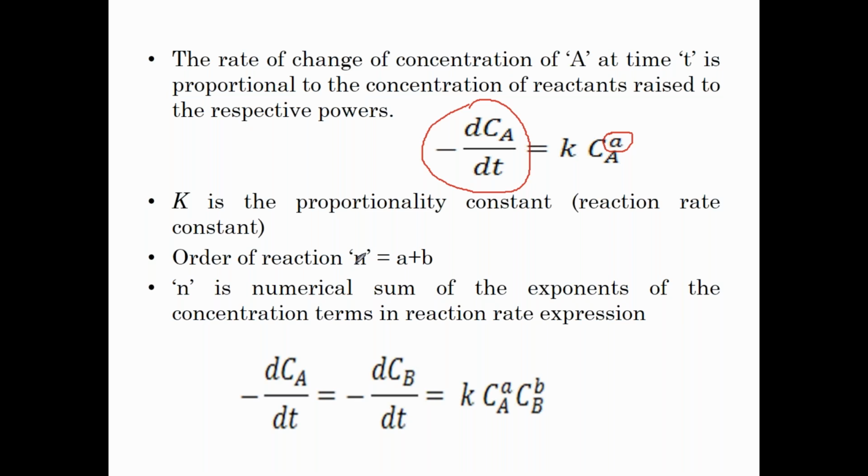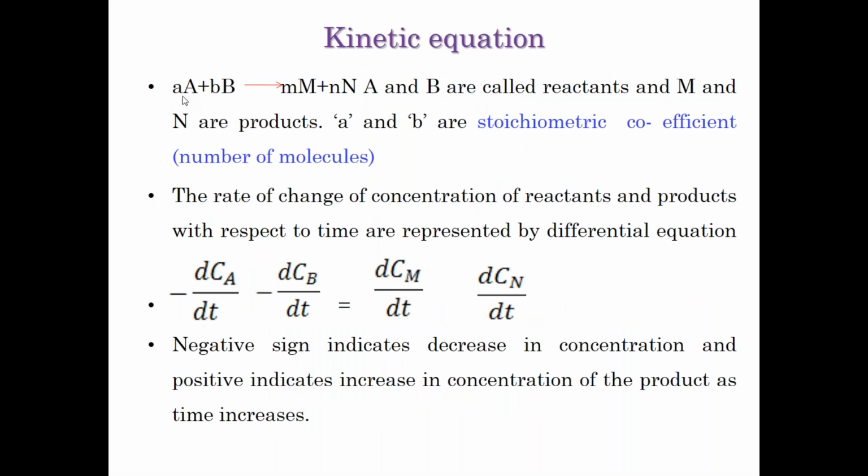The exponents in our case are A and B, because the example I took in the beginning, which I referred from the textbook, has an equation containing two reactants. When I say two reactants, there are two different molecules. So definitely the order of reaction will be A plus B.